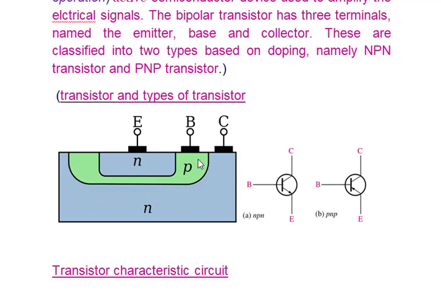Then a p-type semiconductor layer is doped, which has positive holes as majority carriers, and the collector is made up of n-type material with a larger region. So the emitter is connected here, the base is connected here, and the collector is connected here for the NPN type of transistor. The circuit symbol for the transistor is shown here. It is for the NPN transistor, and it is for the PNP transistor.